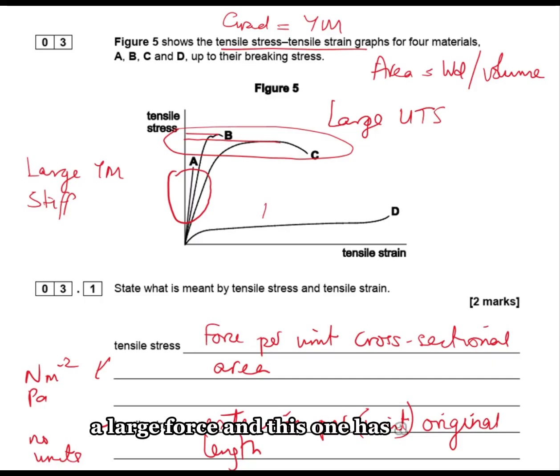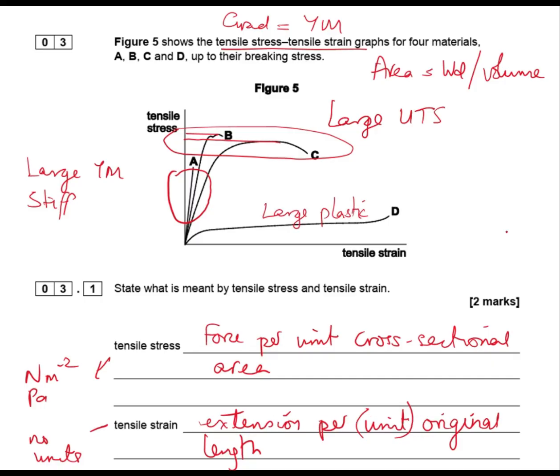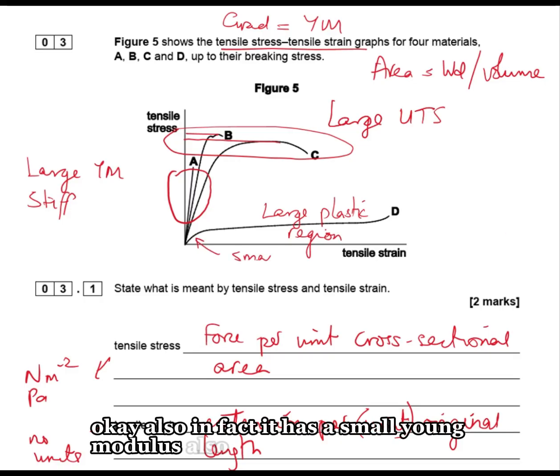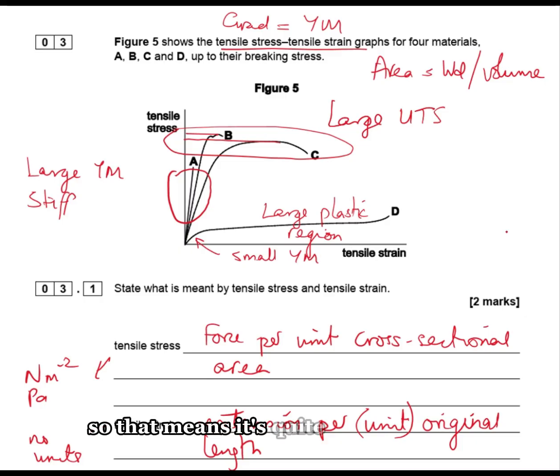And this one has a large plastic region, or in fact, it has a small Young Modulus also, so it's quite elastic rather than stiff. You should be able to get all that information from the graph.